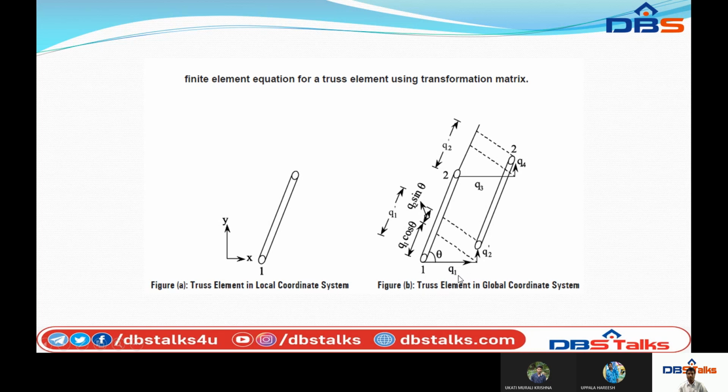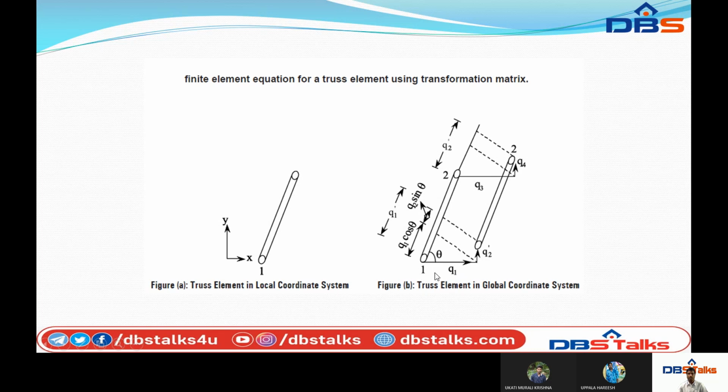In this, I am showing the global displacement vectors or load vectors Q1, which is the traveling point or traveling path. In the global coordinate system, the origin is always away from the other three points: 1, 2, 3, 4.